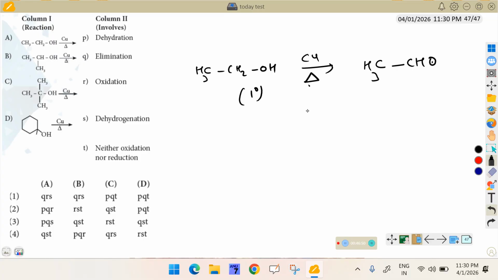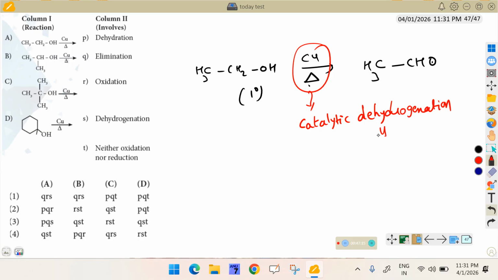Copper at delta, the process is called catalytic dehydrogenation.